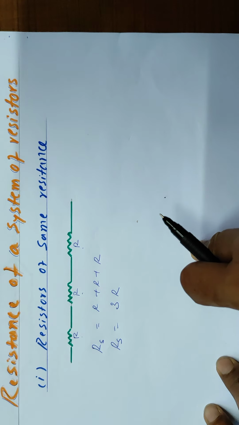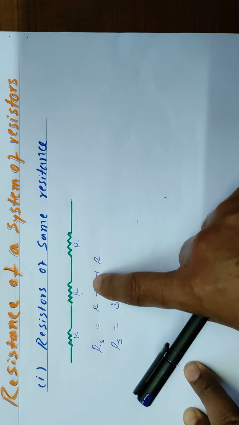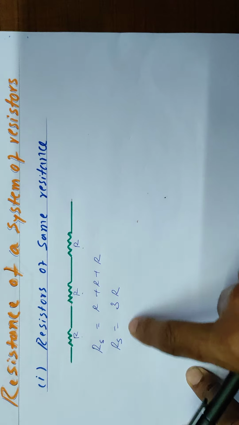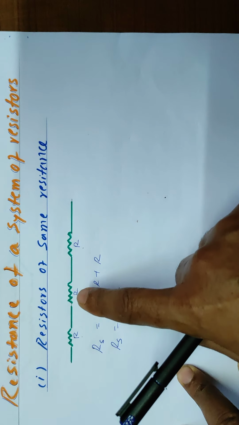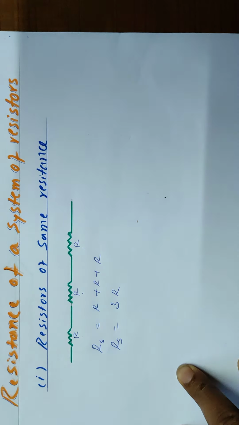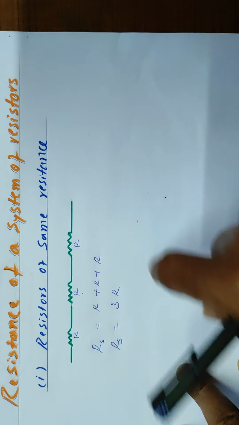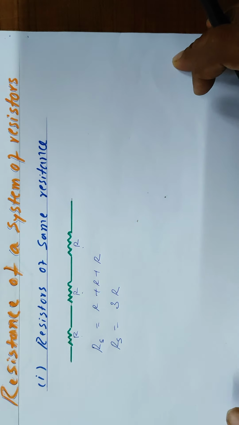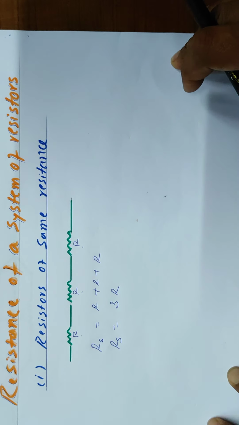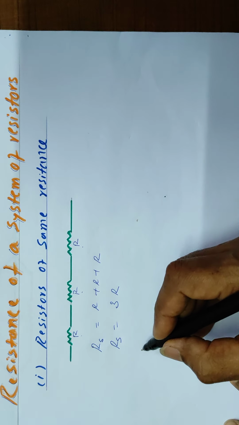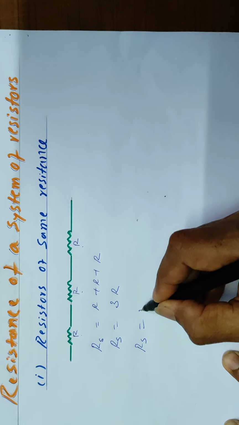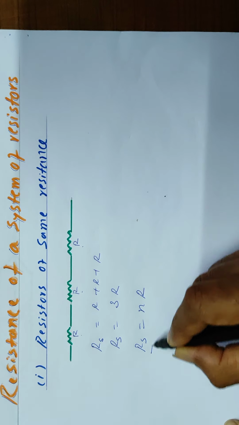If I use 4 resistors of same resistance, then the equivalent resistance will be R plus R plus R plus R. That will be equal to 4R. So if n number of resistors are connected in series, then what you have to write? RS is equal to nR.